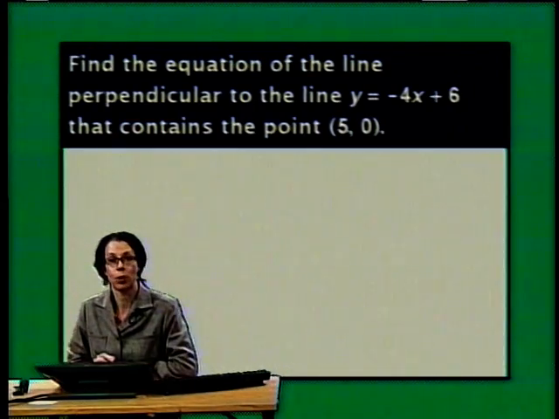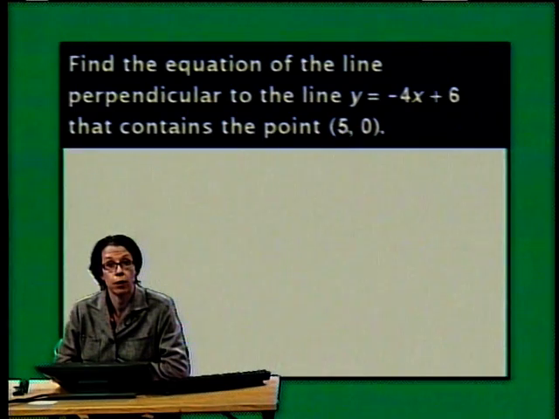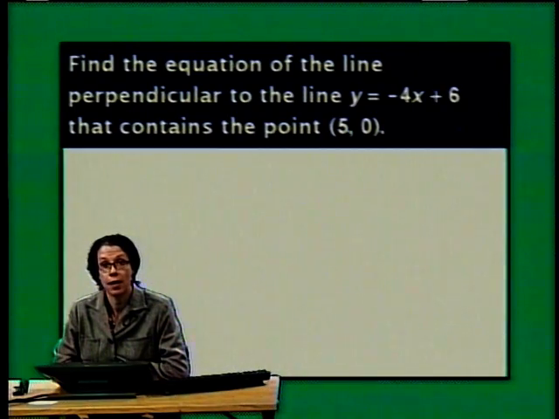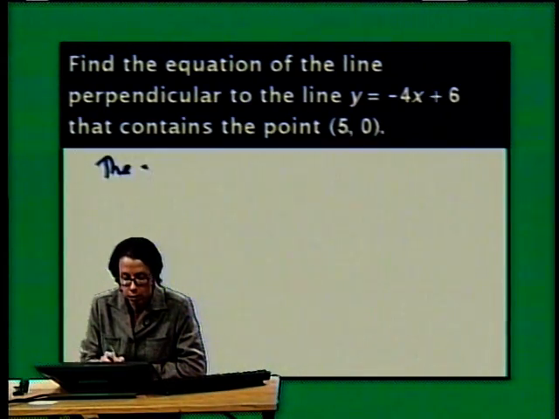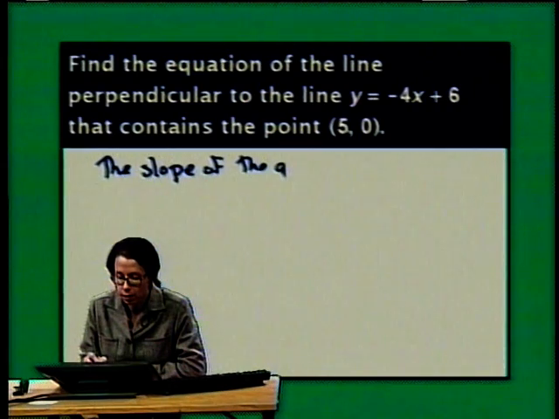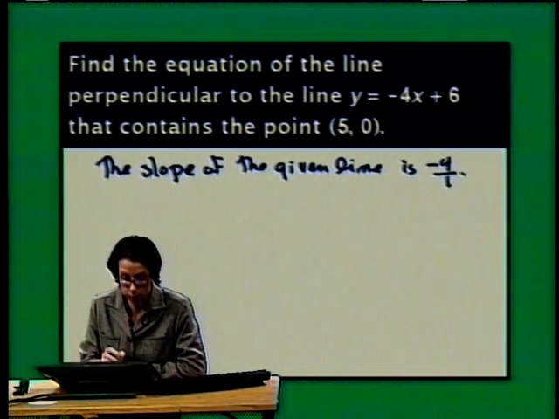Now let's work with some perpendicular lines. Now my given line is y equals -4x plus 6. I'm asked to find the equation of the line perpendicular to this line that contains the point (5, 0). So the slope of the given line is -4, which I can think of as -4 over 1.